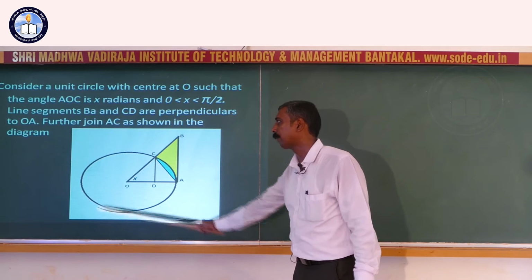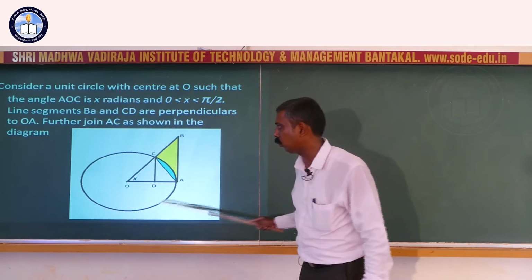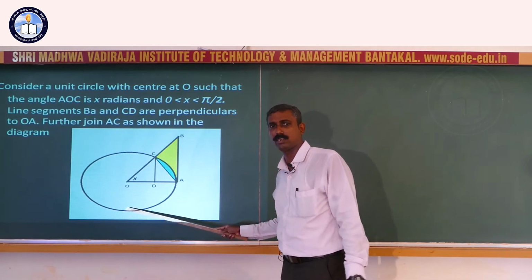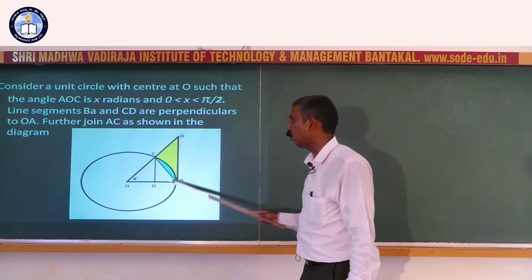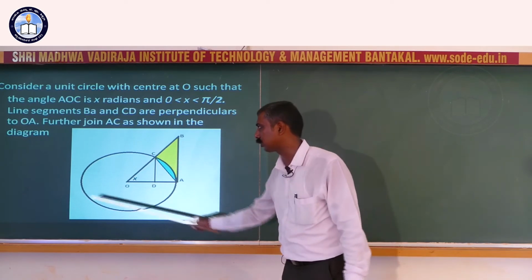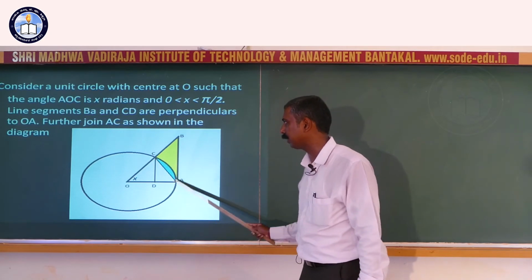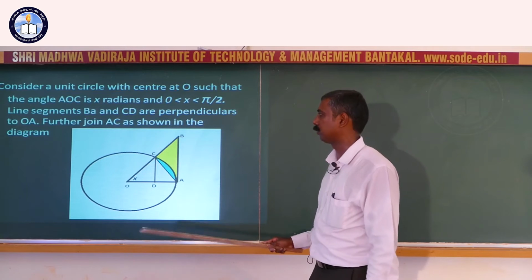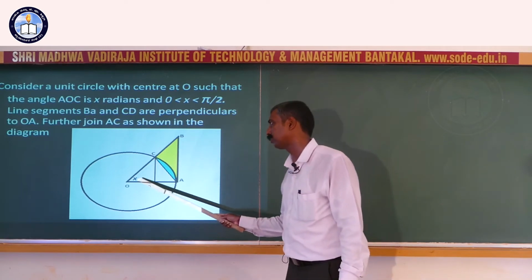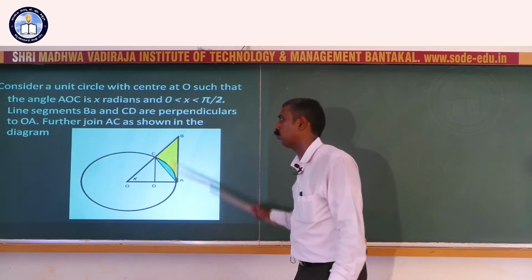Because pi r square is the area of the whole circle, r is OA. So, pi into OA square is the area of the whole circle, and the fraction of the area will be x divided by 2 pi. So, if x is equal to 2 pi, it becomes the whole area of the circle.